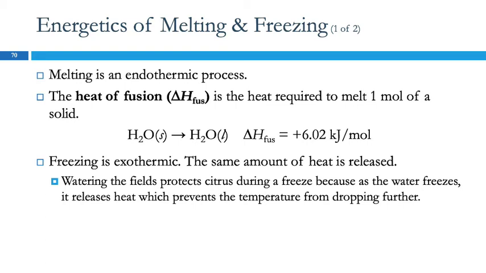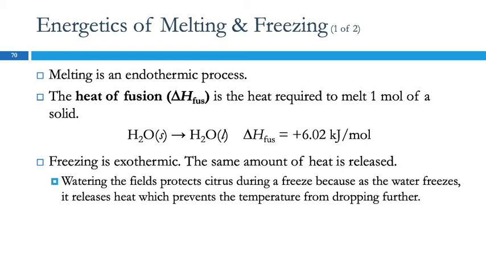So, you can't go out there and put blankets on the oranges. But one thing that does help is to water the fields. So they'll flood irrigate the fields, get the fields really, really wet. Because what happens is as the water freezes, it releases heat, which prevents the temperature from going down anymore.